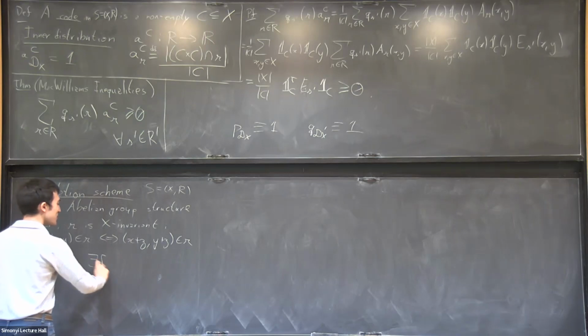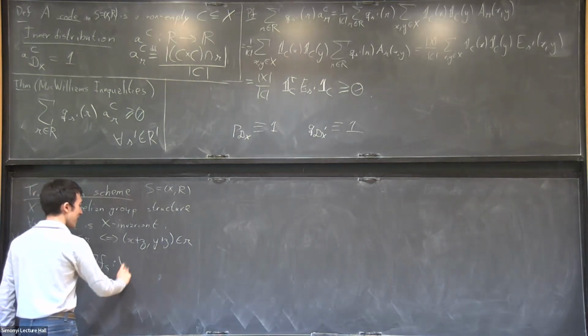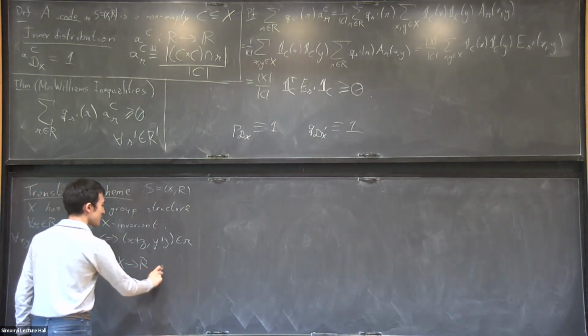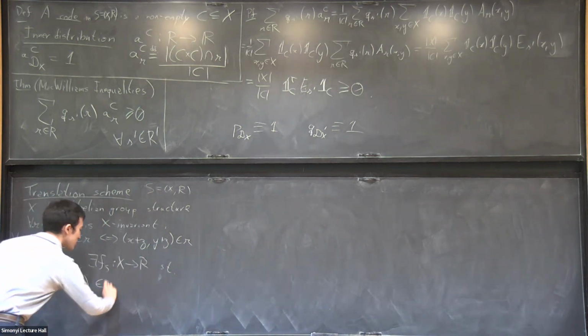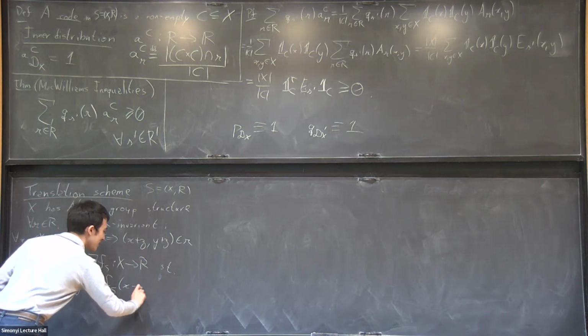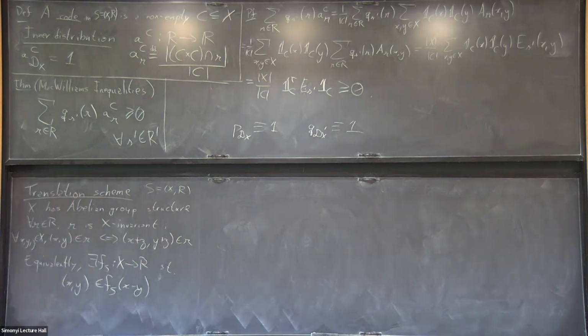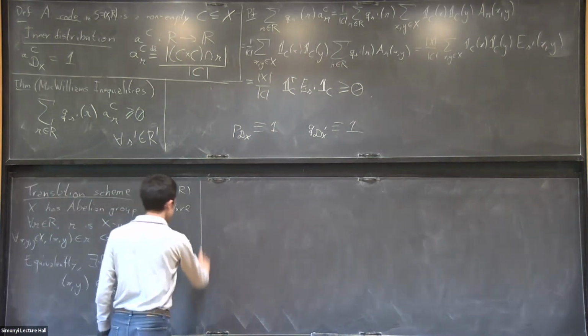Equivalently, there exists some function fs from X to R such that XY always belongs to fs of X minus Y. So it's completely determined by their difference, which is what happens in the Hamming scheme. You just take the difference of the two code words and you measure something about their difference, but you don't care what the words were. You just care about their difference. So this is what a translation scheme is.